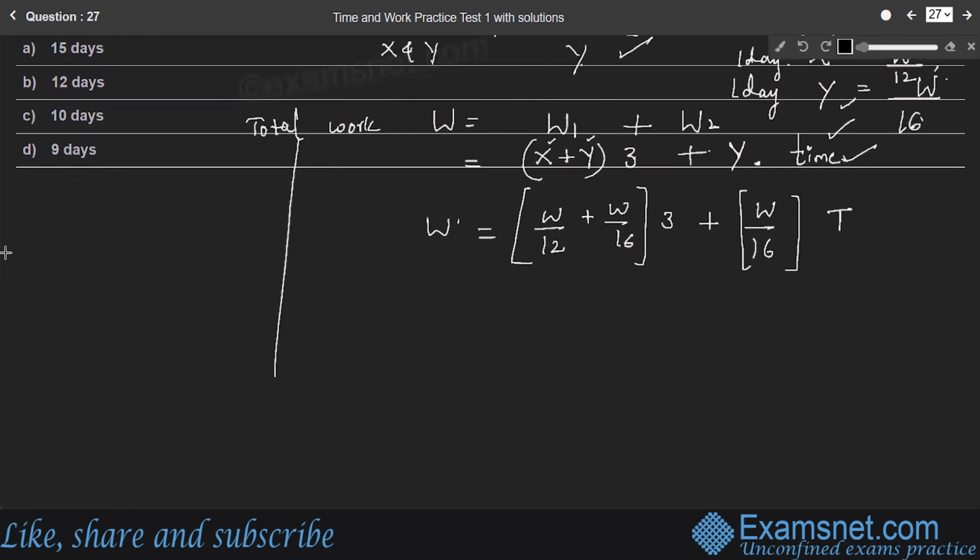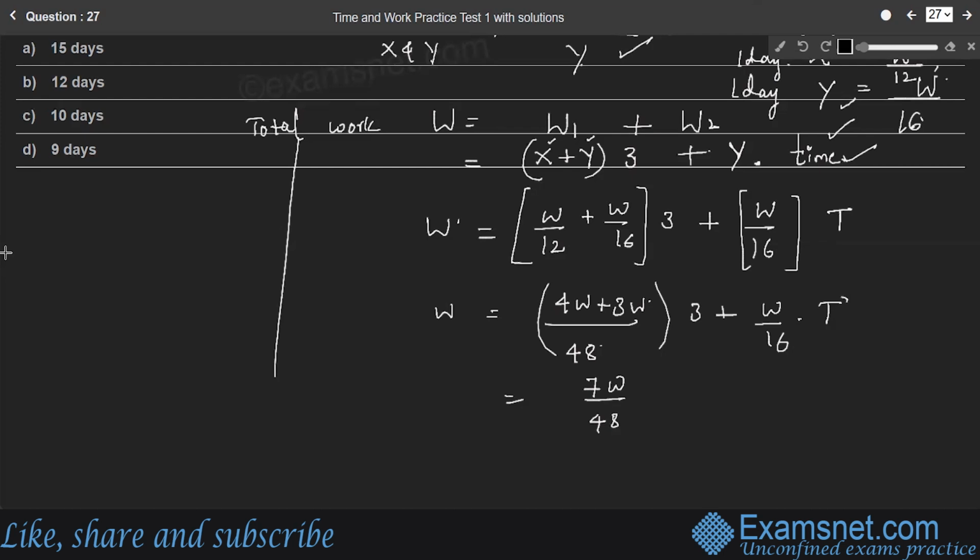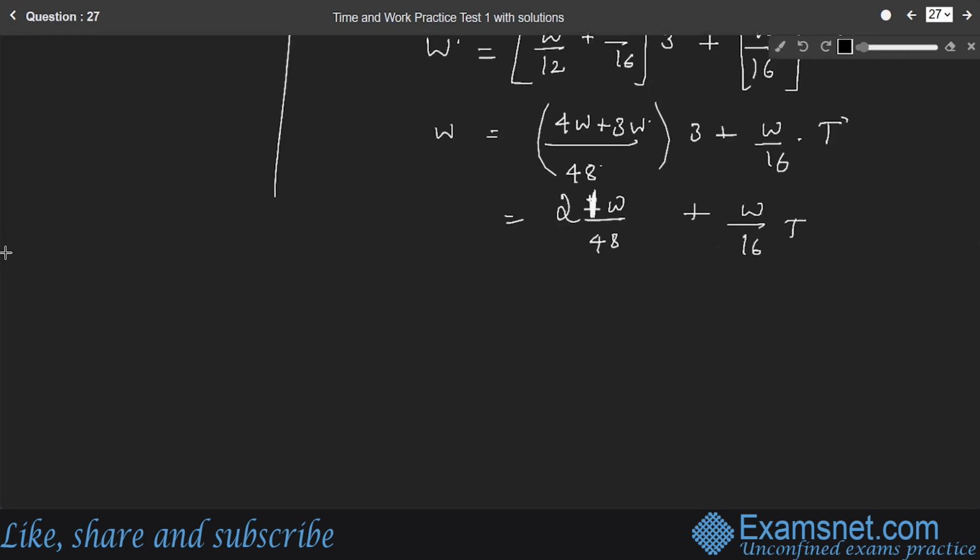So LHS is W. Since the LCM is 48, 16 into 3, 12 into 4, the numerators become 12 into 4, W plus 16 into 3 is 48, into 3, plus W by 16 into the time taken by Y. So it becomes 7W by 48, 7 into 3, which is 21. So directly we'll write it as 21W by 48 plus W by 16 into T. So we need T here.